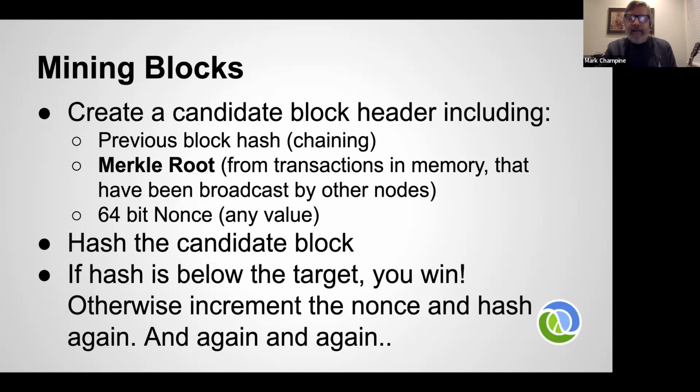So worldwide, every 10 minutes, somebody wins the hashing lottery, comes up with a successful block, and can add it to the chain. And so if that starts happening too quickly, they recalculate a new target, make it harder, and then moving forward, the amount of time to mine the next block will increase. And they keep adjusting it back and forth to try to maintain that steady pace of blocks being added to the chain.